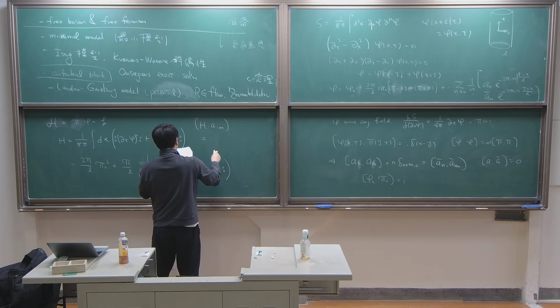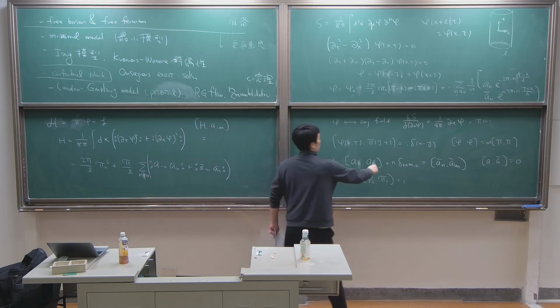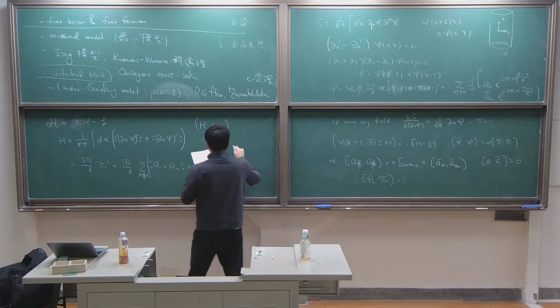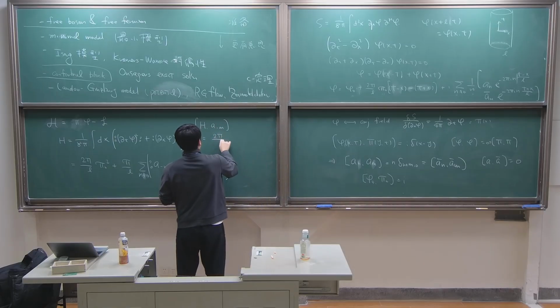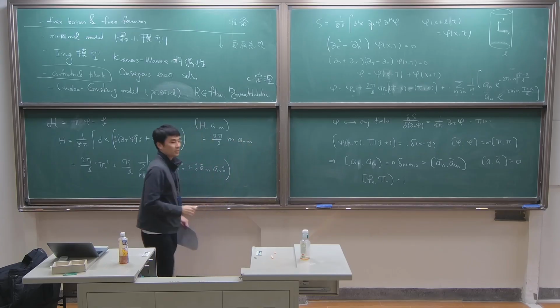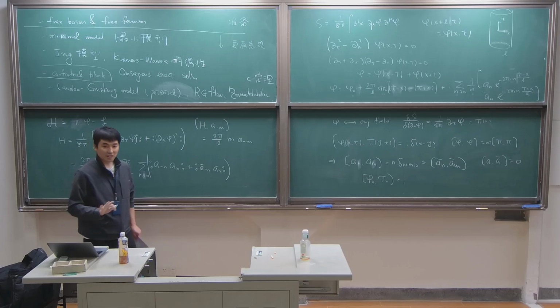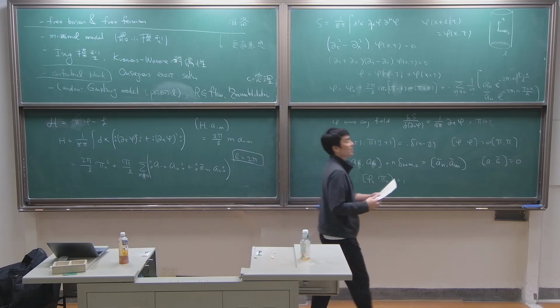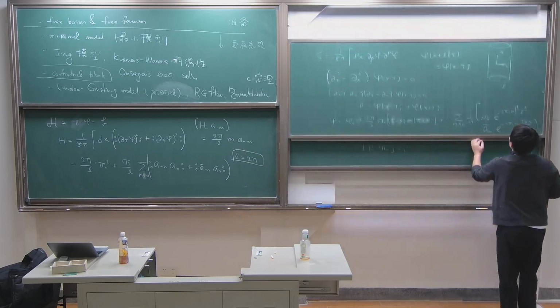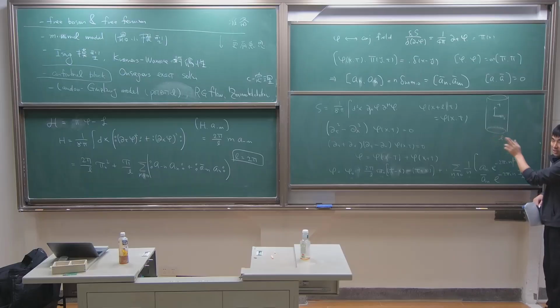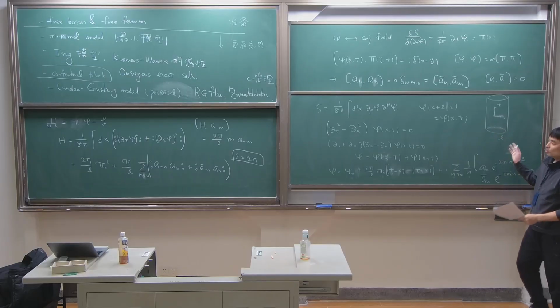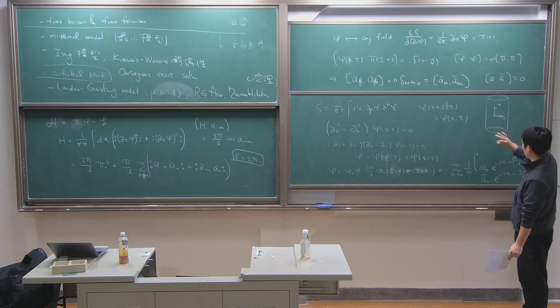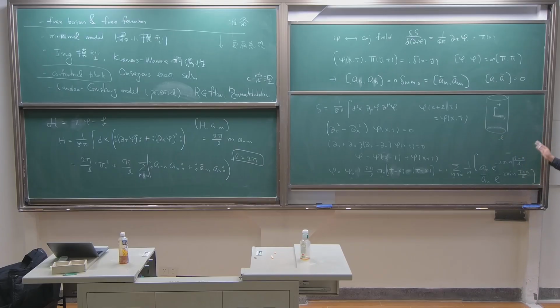So the Hamiltonian computation, if you use this one, what you get is 2 pi over L times m minus n. Therefore, if you want to make it simpler, you set L equal to 2 pi, which is the circumference. So you can ignore all the L here.